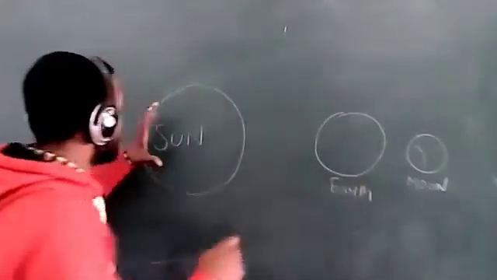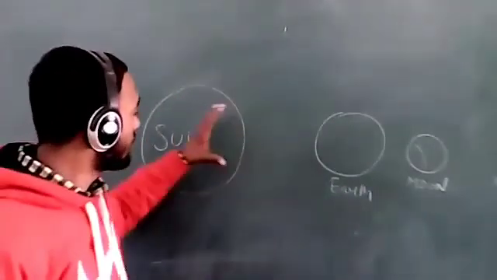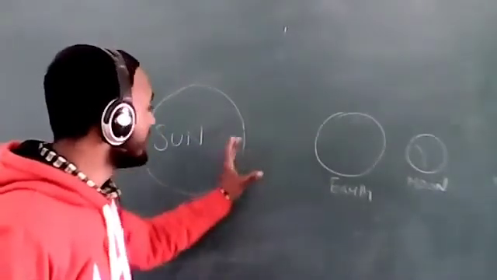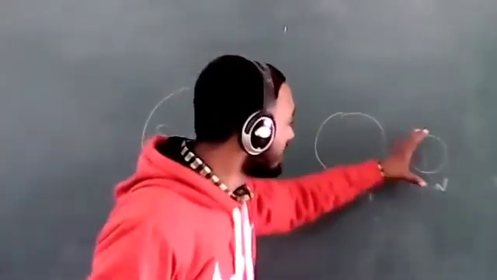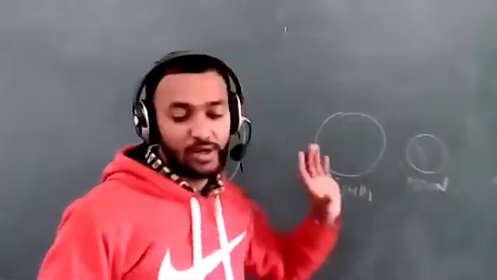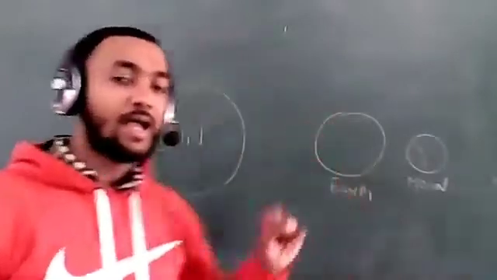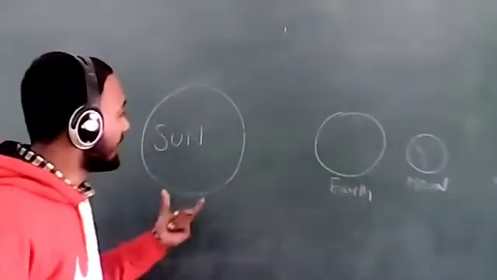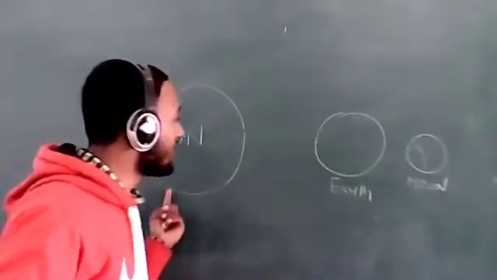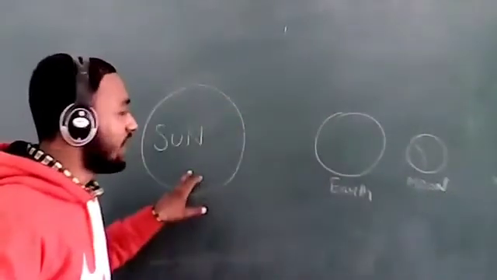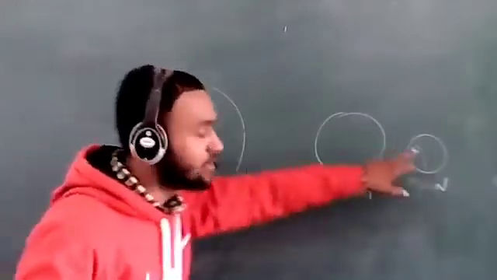The earth blocks the sunlight, and due to the blockage of light from the sun, there will be a shadow cast on the moon. So there will be a lunar eclipse. In lunar eclipse we have to remember that the earth comes between sun and moon. Sun is the source of light, and earth is the cause of shadow on the moon.